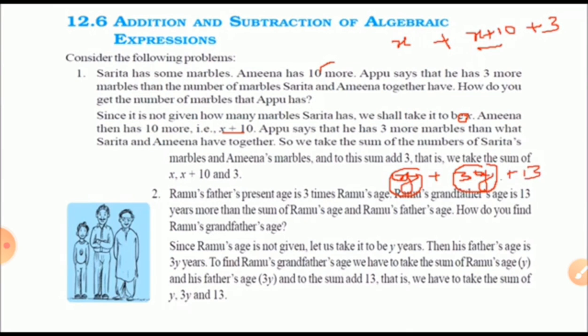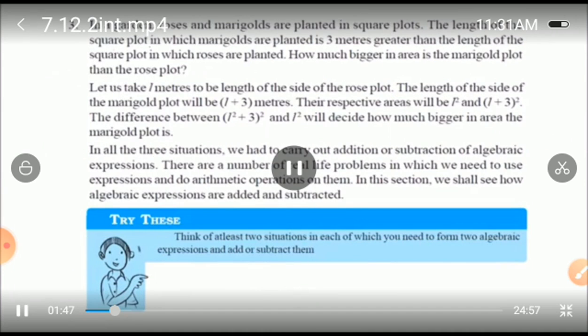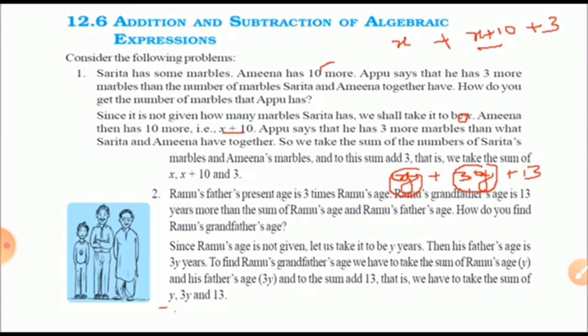Now Ramu's grandfather's age is 13 years more than the sum of Ramu's age and Ramu's father's age. I went a little ahead, but I can explain it, no problem. Once again: 13 years more than the sum of Ramu's age and Ramu's father's age, add both and then 13 more, so y plus 3y plus 13.